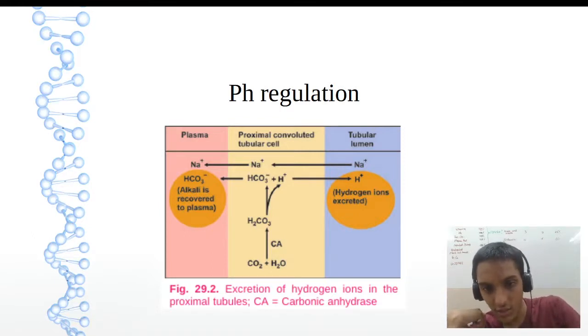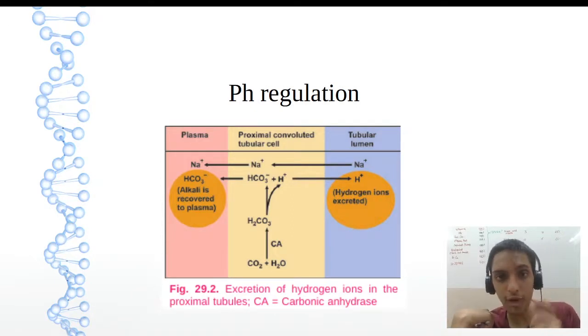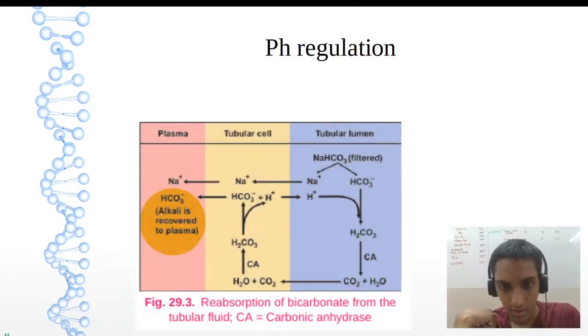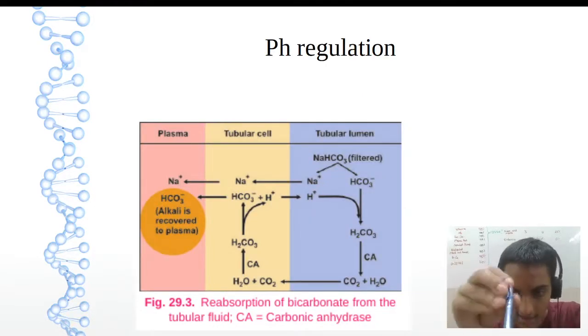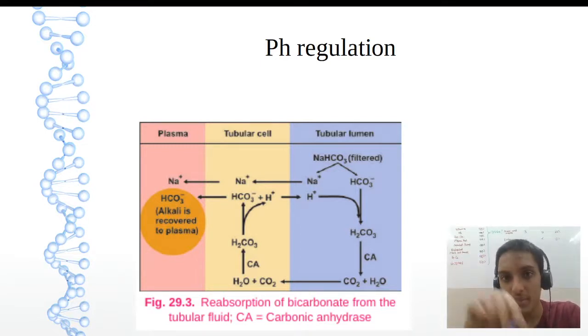Here, what we need to add is the H plus combining with the base in the lumen to form BH. For the next, H plus combines with the bicarb ion that comes from the dissociation of sodium hydrogen carbonate into sodium and bicarb ion.